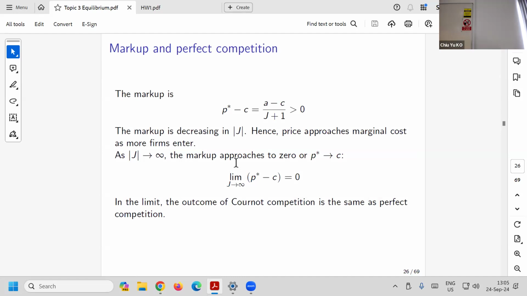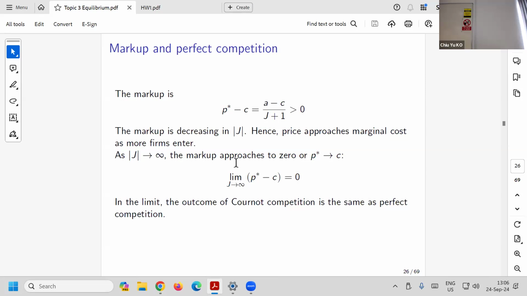And you can easily see that when J goes to infinity, P star goes to C. That means we have a perfect competition outcome when J goes to infinity. That's why when you learn it in principles class, they say that with infinitely many firms, perfect competition will be achieved.